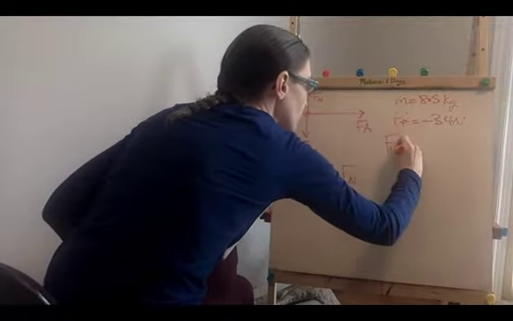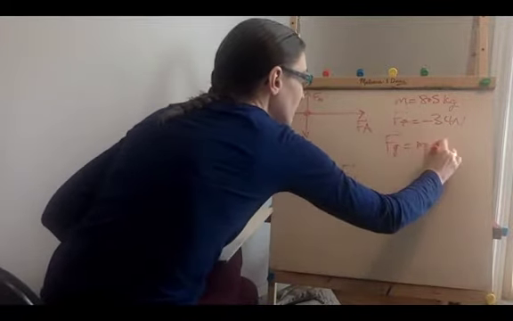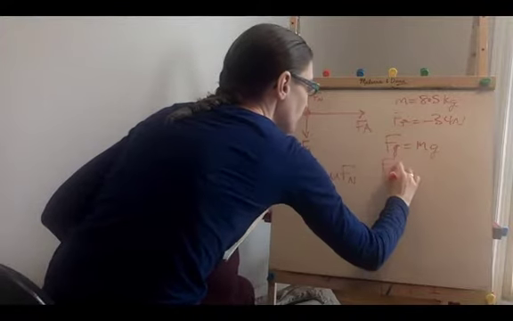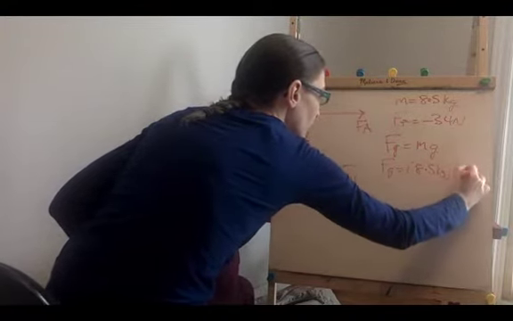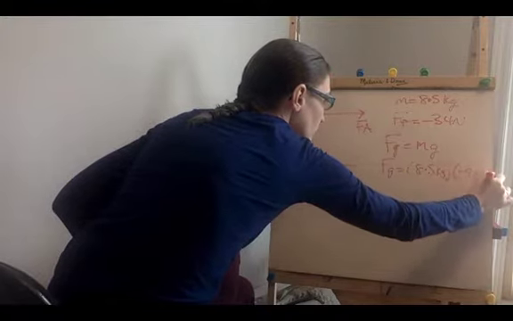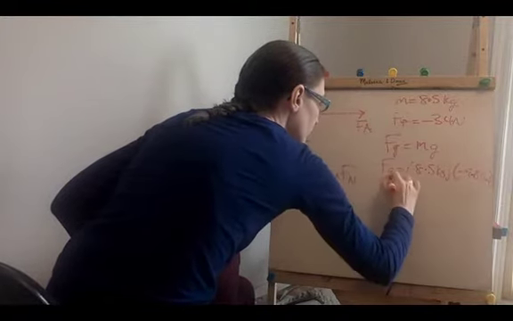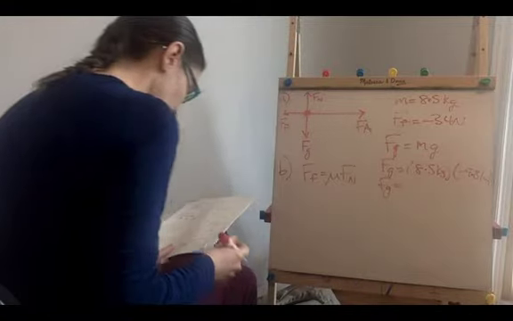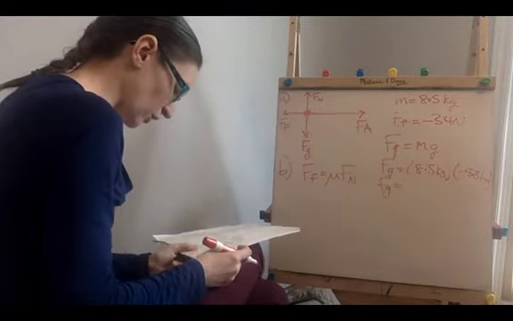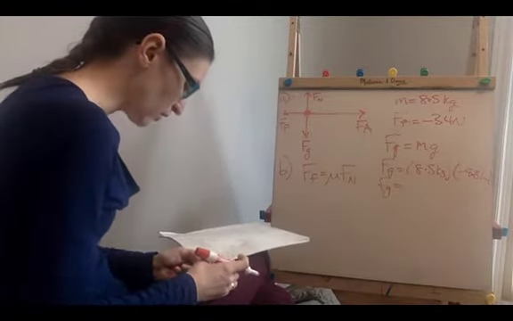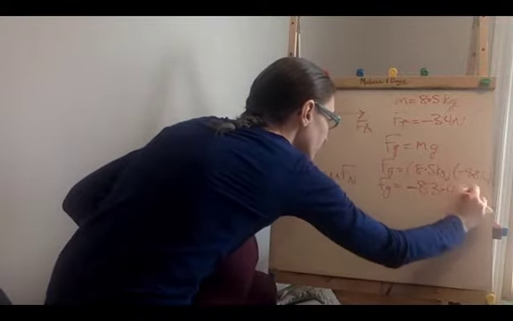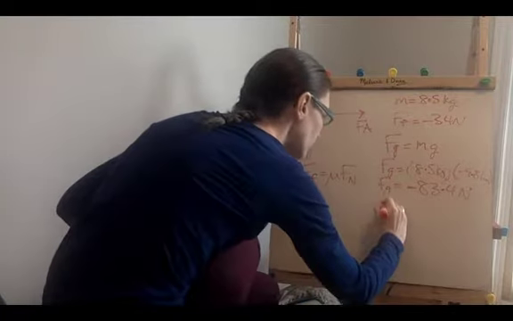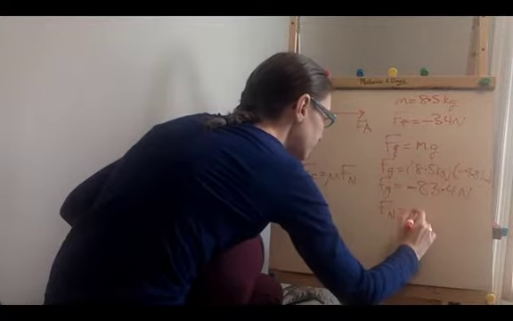Our force of gravity would be done by taking our mass multiplied by acceleration due to gravity. So that's our 8.5 kilograms multiplied by our negative 9.81 meters per second squared. Our force of gravity here ends up being a value of negative 83.4 newtons. That means our normal force is the same.